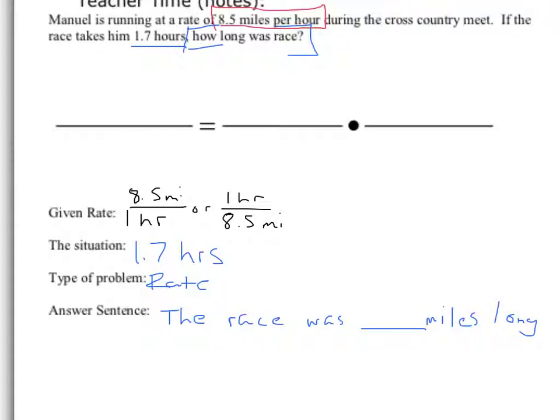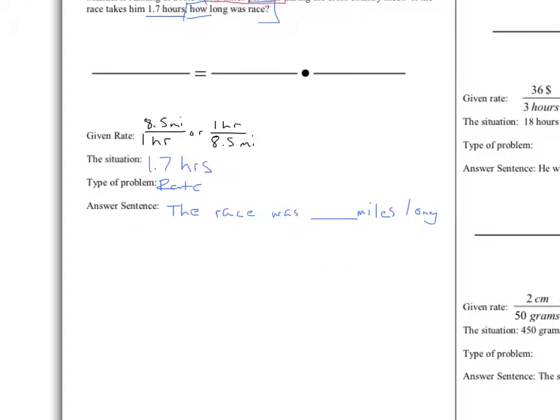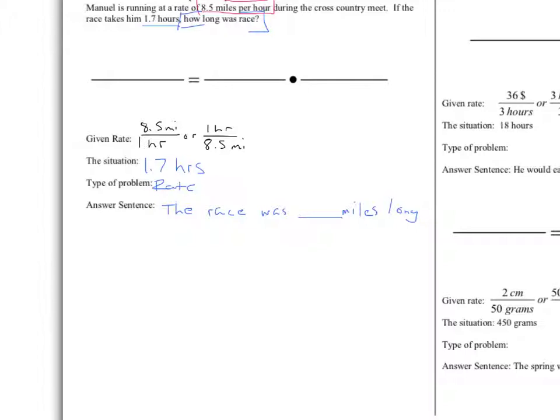And so here's the way that you used to do this. You used to say, hey, I've got to set up this proportion. I have 8.5 miles for 1 hour, and I have 1.7 hours. And I need to find out how many miles.